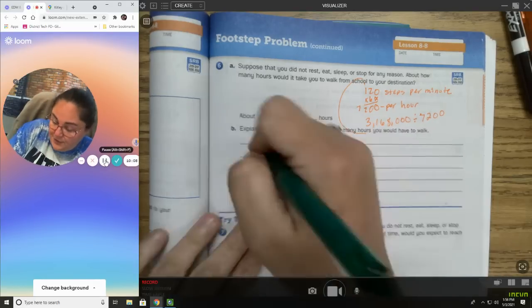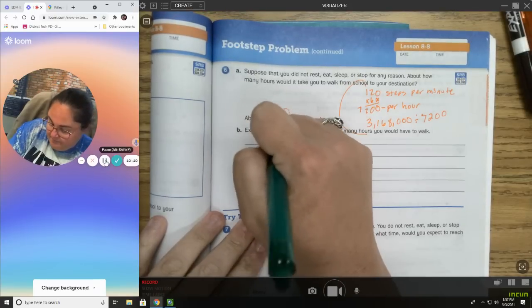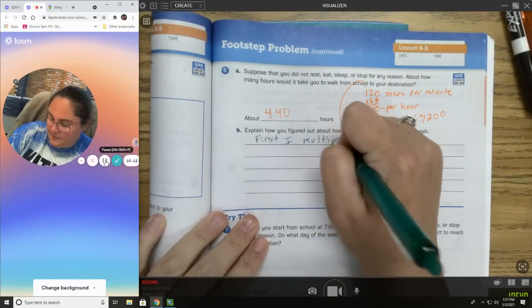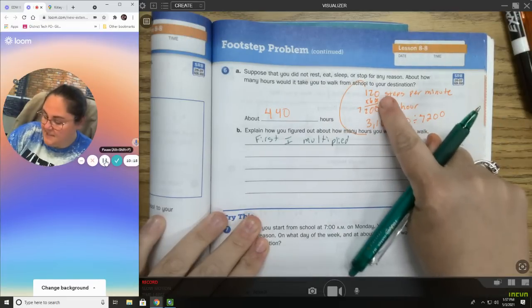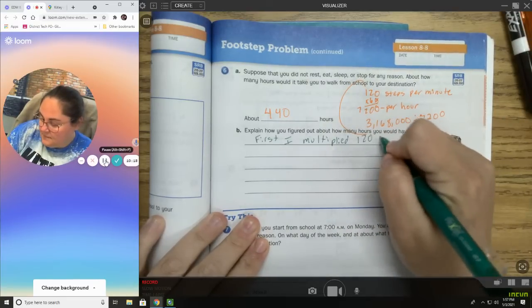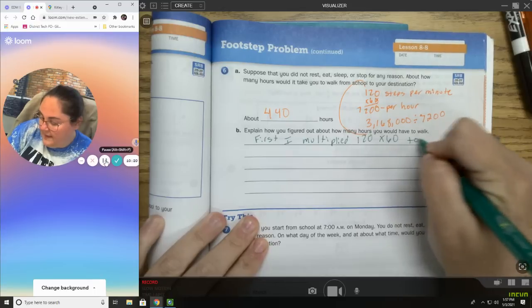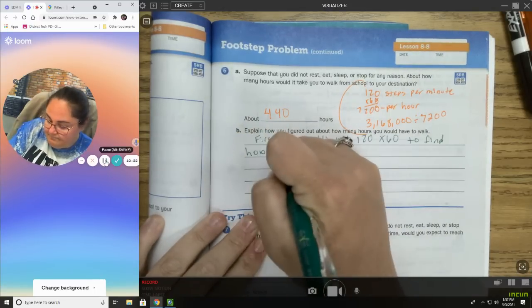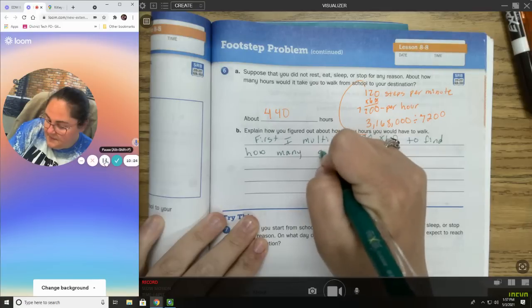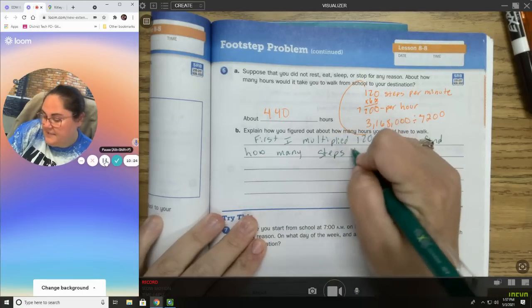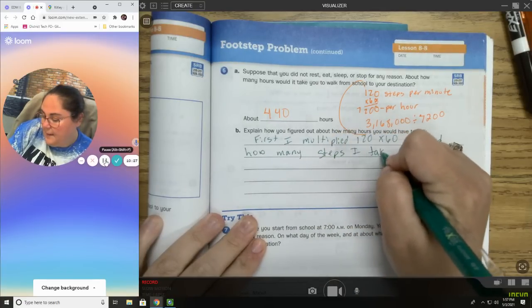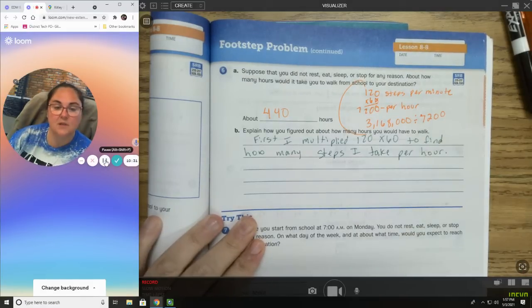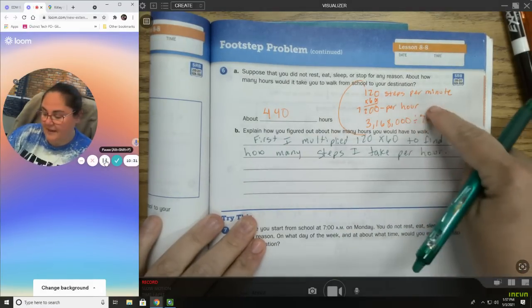So first, I multiplied. We did 120 times 60 to find how many steps I take per hour. Okay, and then remember we divided, right?